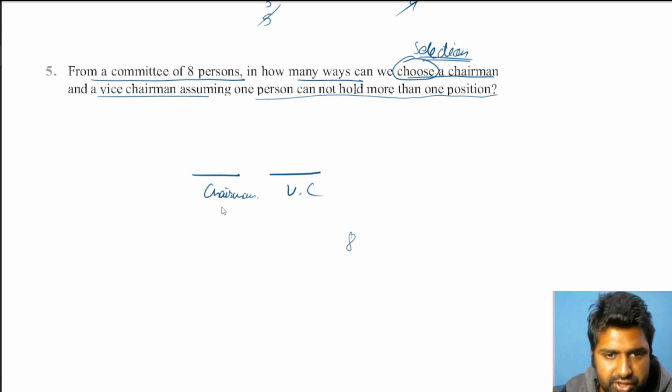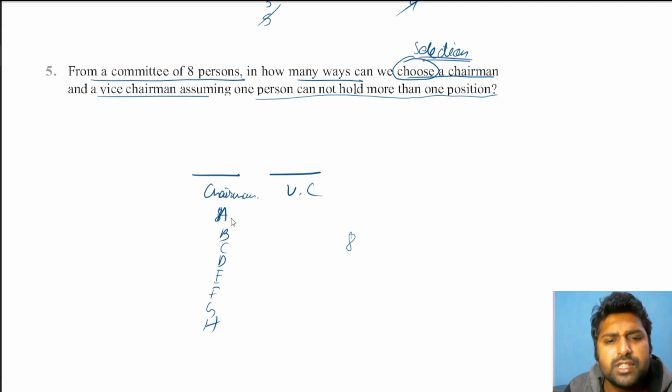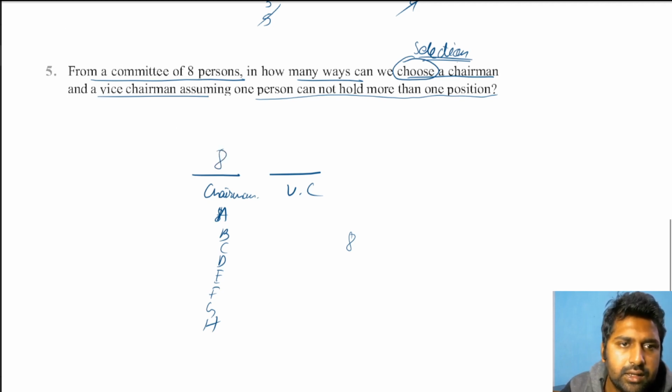So right now for chairman there are 8 persons available. Let's say A, B, C, D, E, F, G, H. These are the 8 persons available for chairman. Out of these only one person will become chairman. So how many options? 8. Let's say C becomes the chairman. Now for vice chairman, how many persons are left?